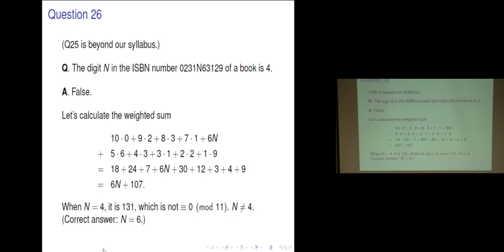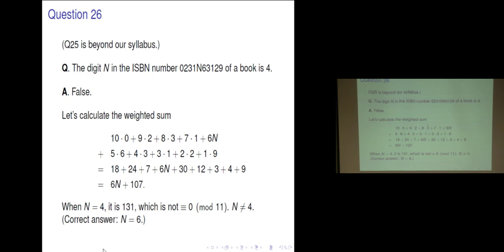So the first bit you give weight 10. The second bit you give weight 9, and so on and so forth. So you calculate the weighted sum. In our case, it's 10 times 0 plus 9 times 2 plus 8 times 3, and so on and so forth. So you write down this expression, then calculate the weighted sum. If my calculation is right, it turns out to be 6n plus 107.